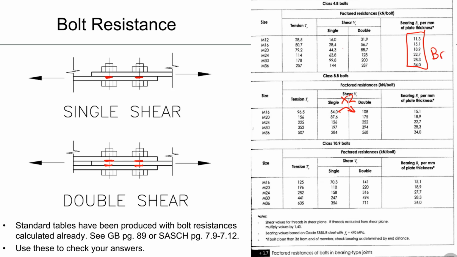And the other ones are VR, and this is TR. So you can use these tables for checking results. In our course, you can only use those resources if you are told. Otherwise, you do need to calculate them from scratch.